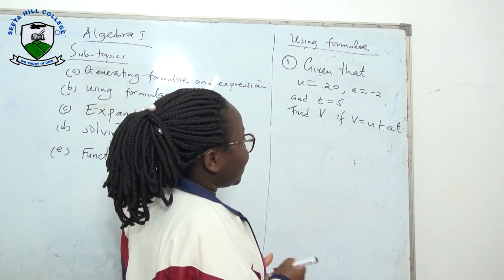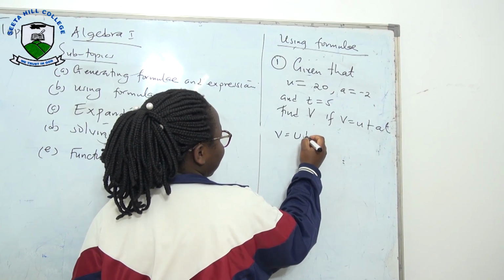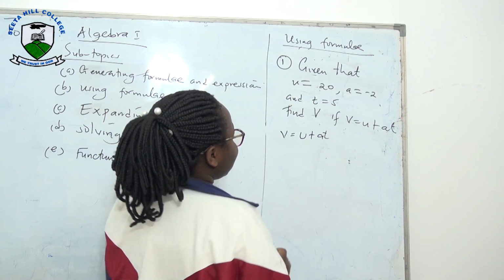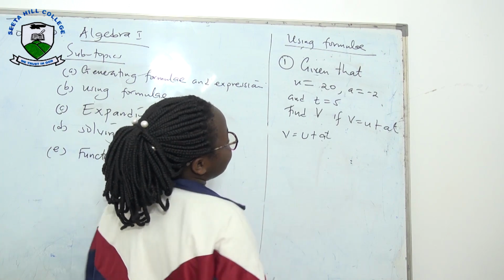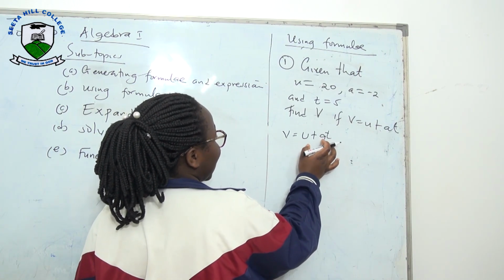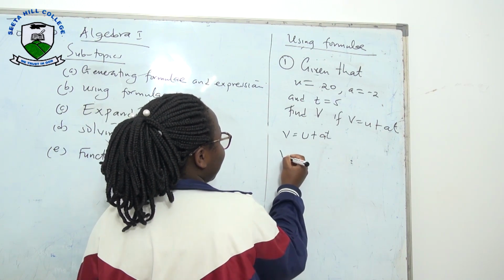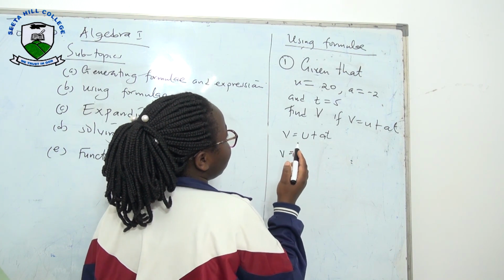Finding V if V is equal to U plus AT. So between these two letters we have a multiplication sign that is not shown. So we shall substitute in these letters with their meanings as given in the question.